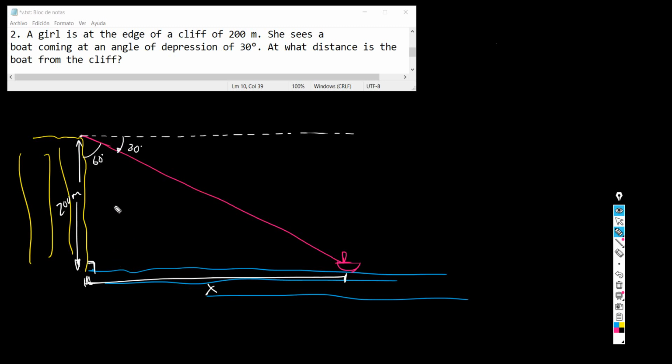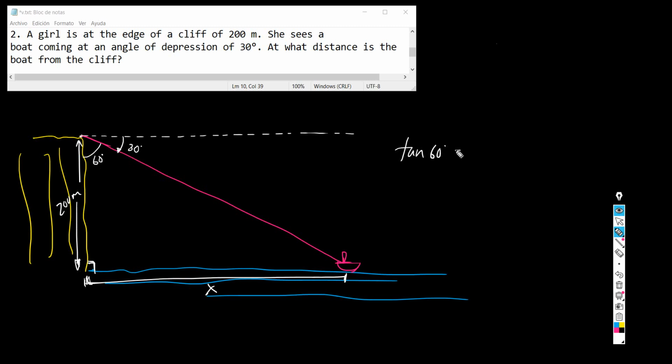And that's all I need in order to get x. Why? Because this side is 200 meters, this angle is 60 degrees, and with respect to this angle, I can use, one more time, the tangent of 60 degrees.